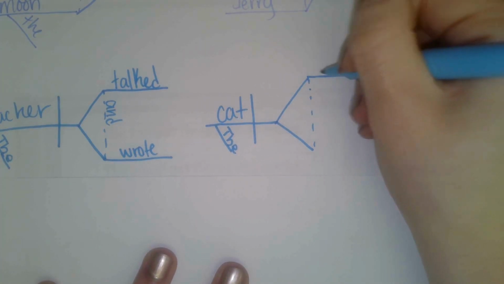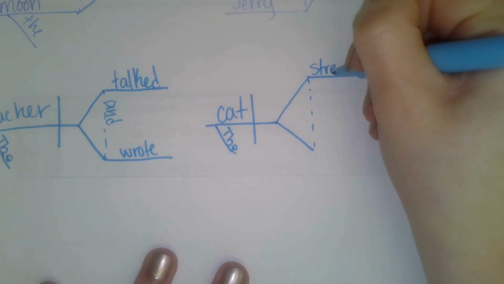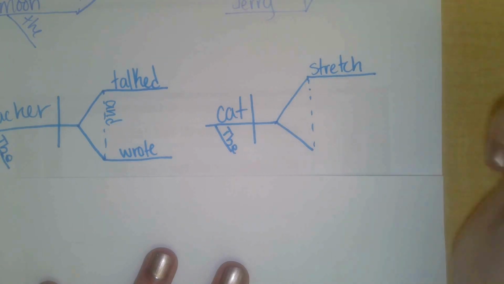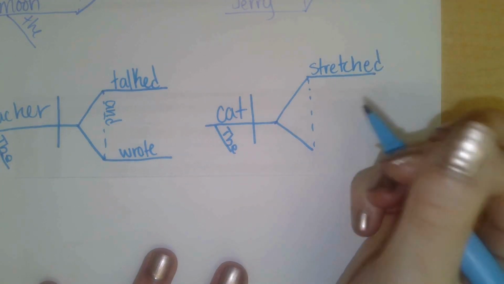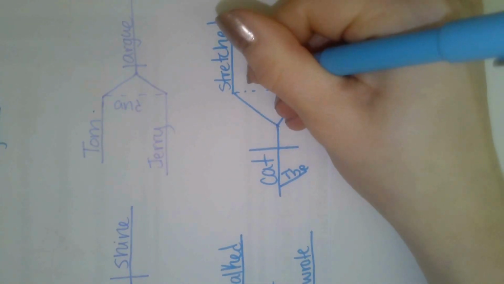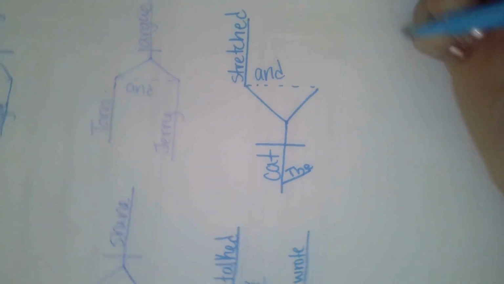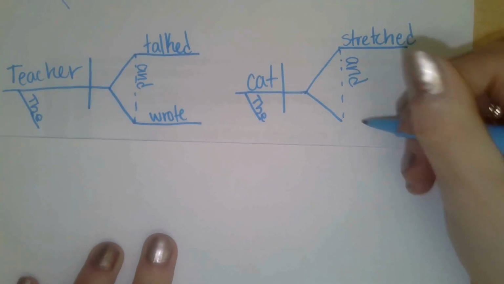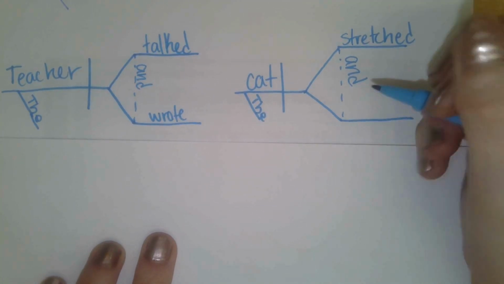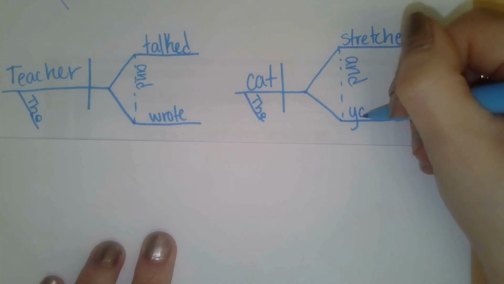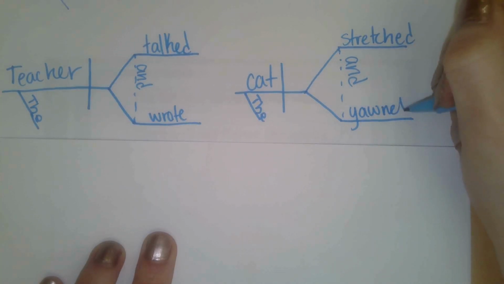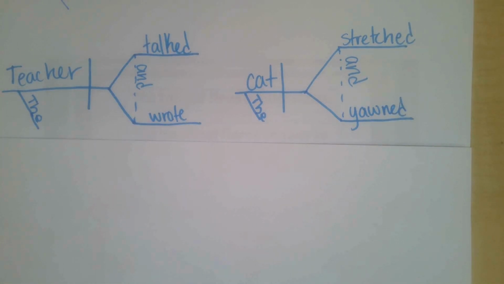The first thing that it does is stretch. That's the first verb. Conjunction. And then we have our second verb, yawned. And there's the answer for that one.